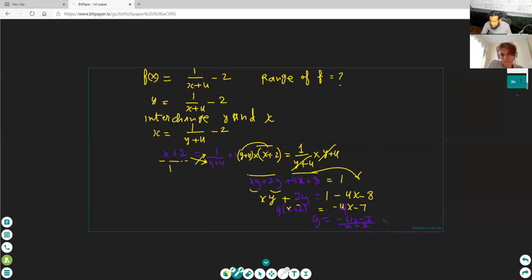Write f inverse x is equal to... Then tell me which answer we cannot get.